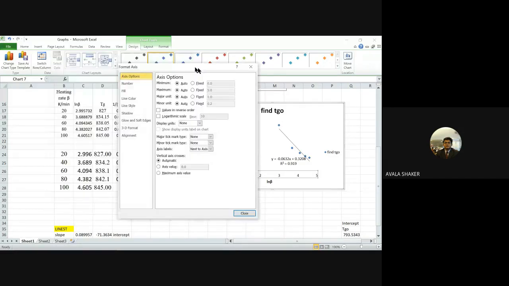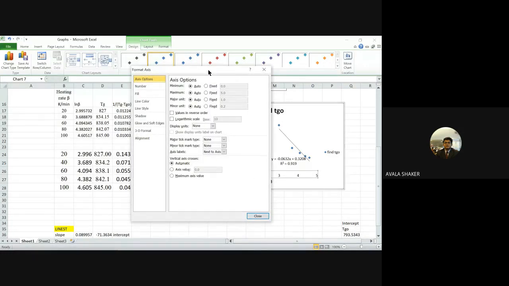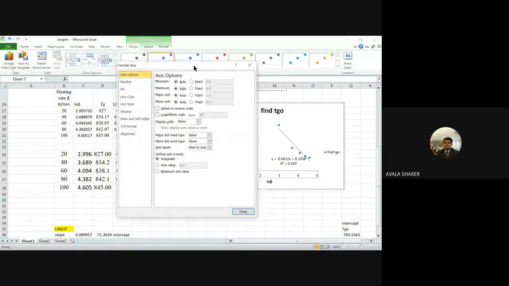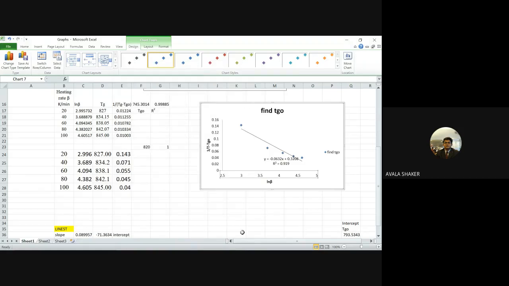What was the starting value? 2.99. So we can start with a minimum of, let's say, 2.5. Now this looks much better than the previous one, where it was only in one corner.